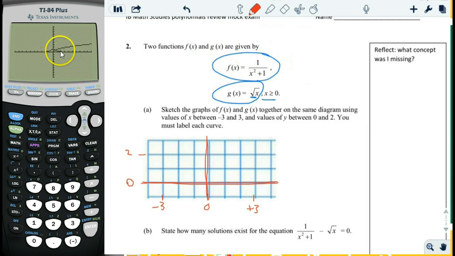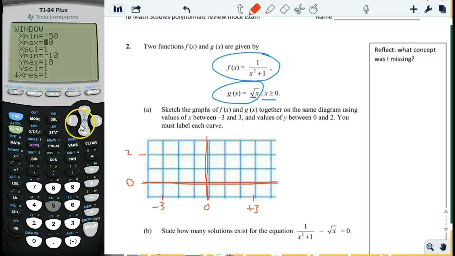Okay, so we have a little bump here, and then we have the square root function, which looks kind of like the wave coming out from behind a boat. So let's zoom in a little bit more. So we'll make the window size maybe like -5 to 5.